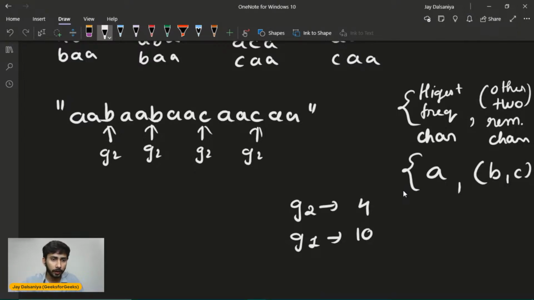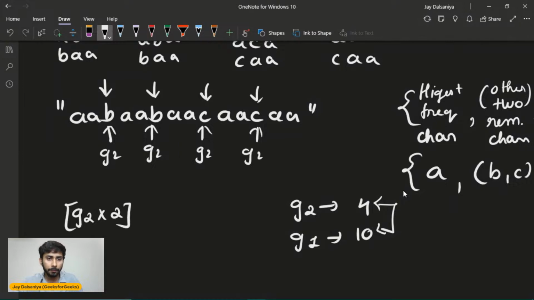What is the similarity between group number 2 and group number 1 characters? You can observe that every character of group 2 will help you to get 2 characters of group number 1. It can be placed between 2 characters of group number 1.